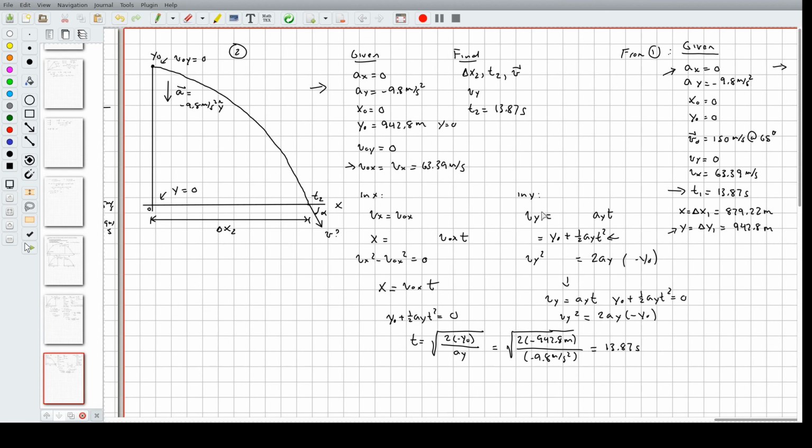Okay. So we found T2. Just recorded it. Next thing up, let's go ahead and find delta x2. Delta x2 is equal to v naught x times t. And what's v naught x? Well, 63.39 meters per second. What's t? 13.87 seconds.